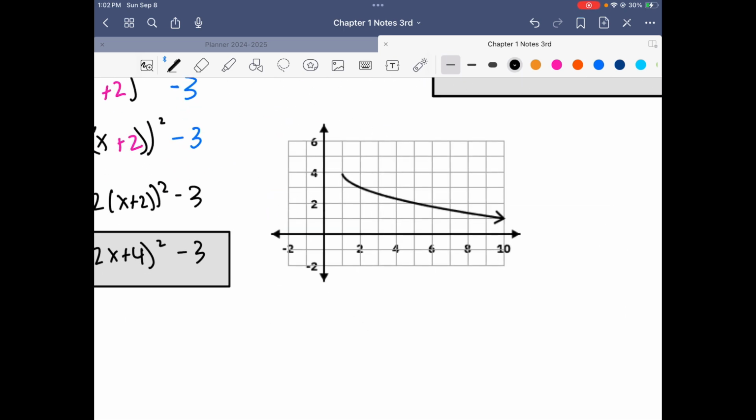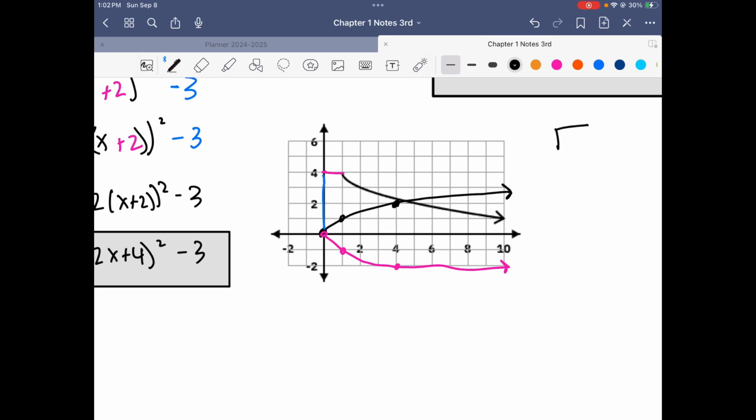This one is very similar. I would start by recognizing that this is an x squared function, or sorry, the square root of x. And then it has very clearly been reflected, but then it has also been shifted up as well as to the right.